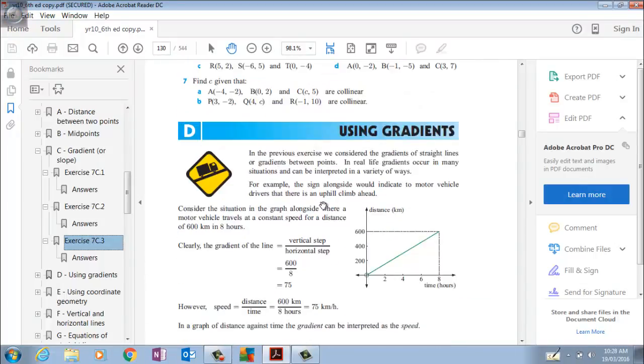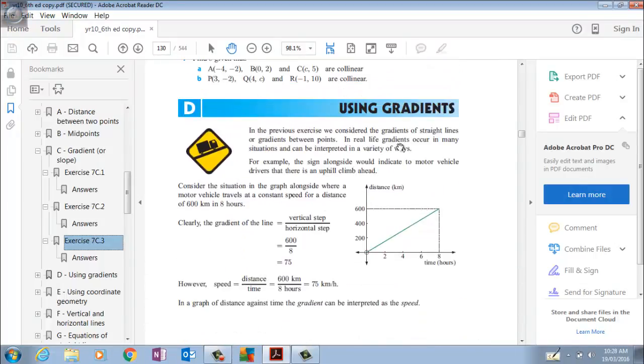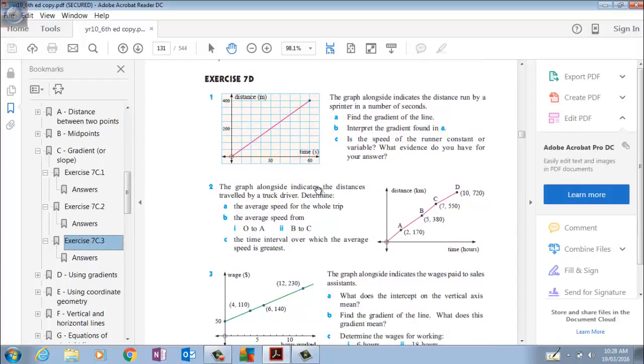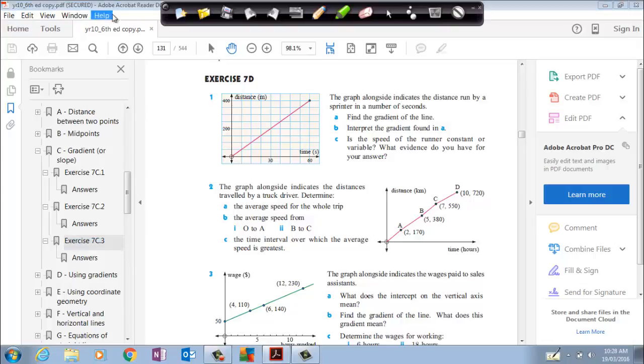Now the next set of questions is using slope or gradient in context. This is good because we can see the application. The first one is about a runner, and he is running for 60 seconds and he goes 400 meters, and the first question is find the gradient of the line.